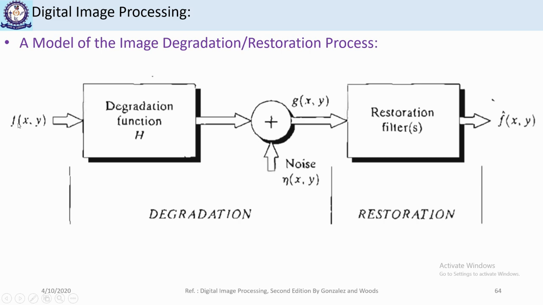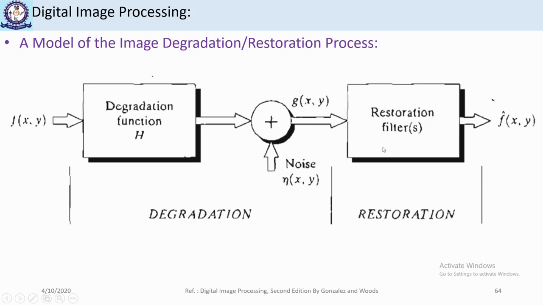When it passes through this degradation function, we get the degraded image, and in the degraded image some noise will be added, in the processing or in the transmission, somewhere the noise will be added. After adding this noise, this is the degraded image, and that will be the input for the restoration filter.